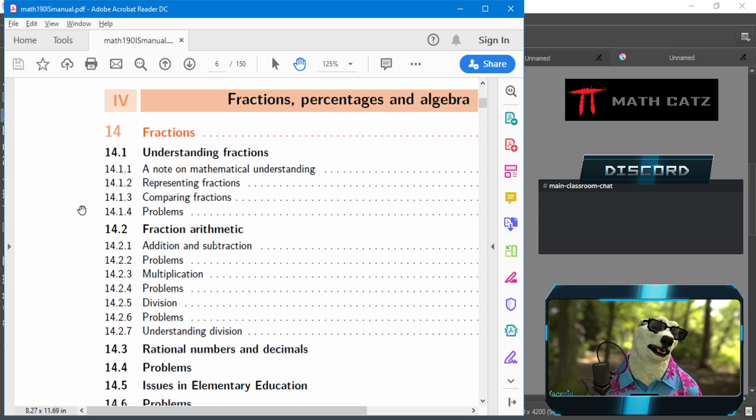And then we get to the lovely world of fractions, which, I mean, everyone loves fractions. I haven't met a person who doesn't say fractions are their favorite topic. So we have to include fractions, but we're going to do it in a very specific way.